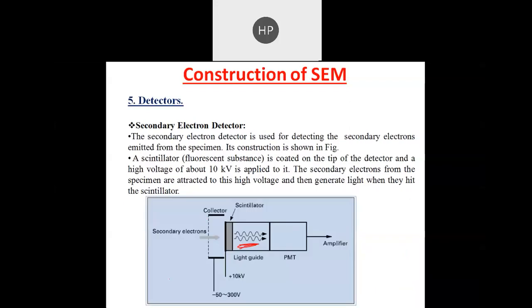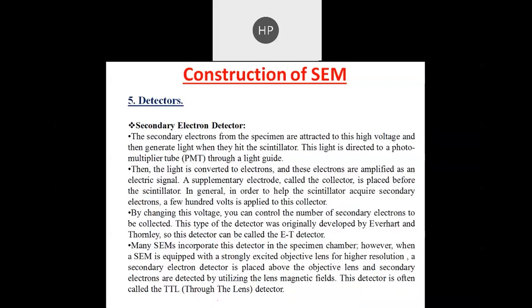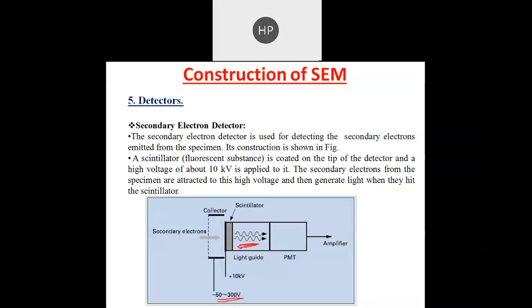Okay, so here we are applying some voltage to that collector also, and by changing this voltage you can control the number of secondary electrons to be collected. So how many secondary electrons are collected depends upon the voltage that we supply to that collector.